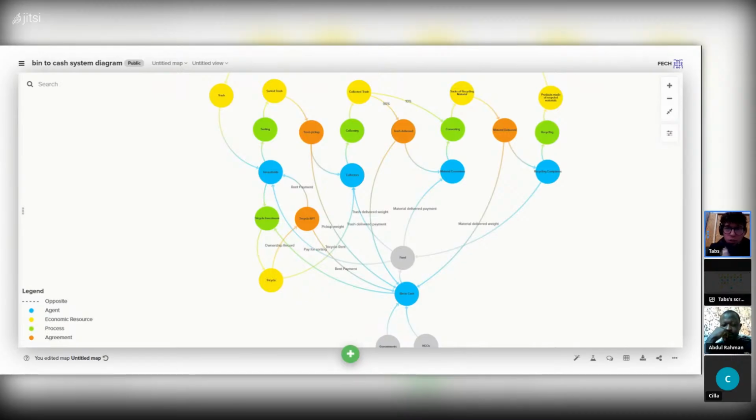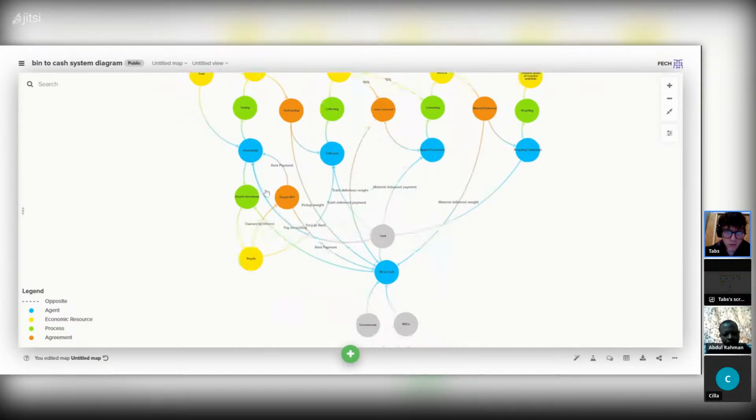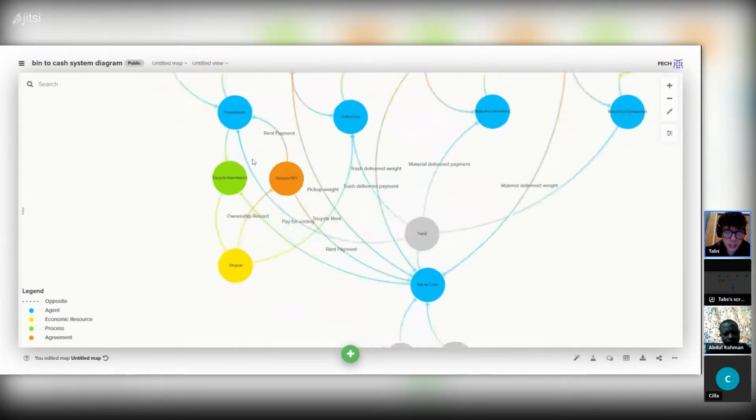I think it's a really great discussion, and I was mapping along the system whilst you were talking, and I added it like this. Are there any changes you'd like to make, and does it reflect your understanding?